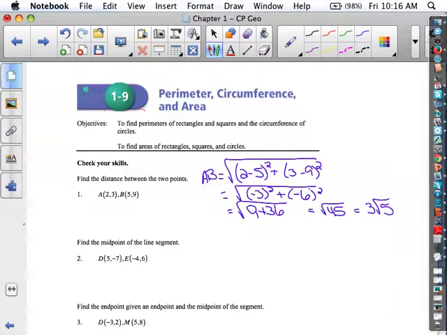Okay, the next is finding the midpoint of a segment. Remember, the distance is represented as a single number, the distance between those 2 points. The midpoint is the middle of the line segment.